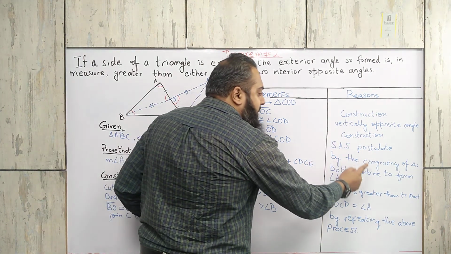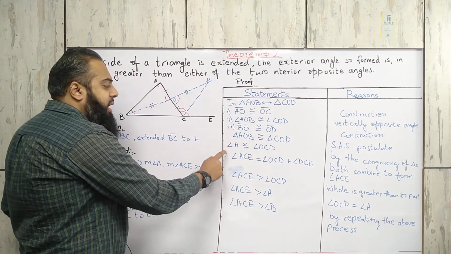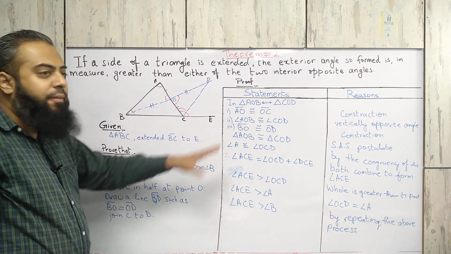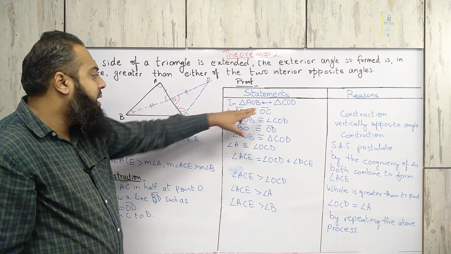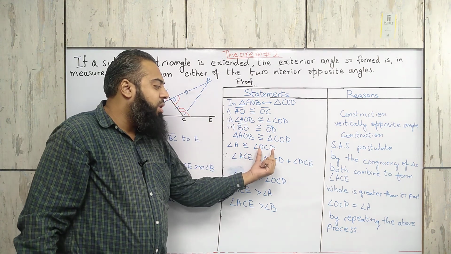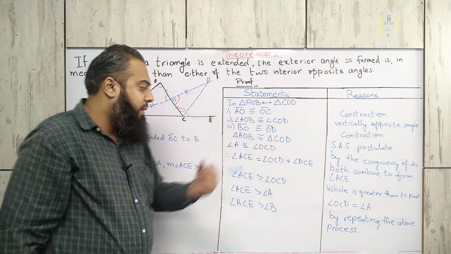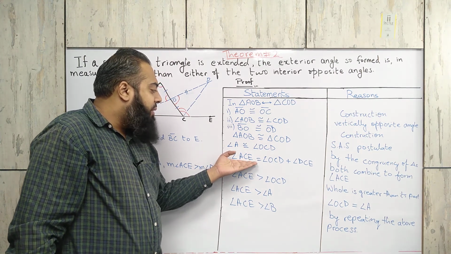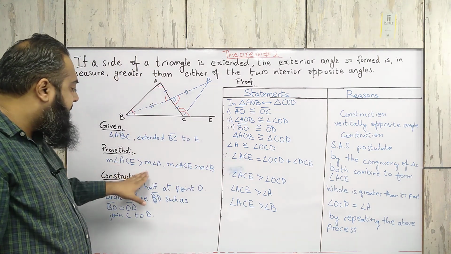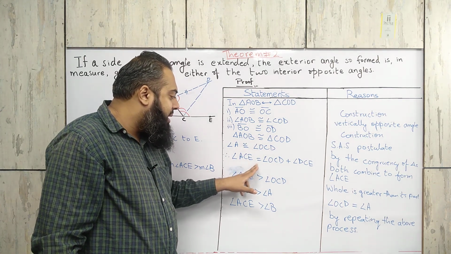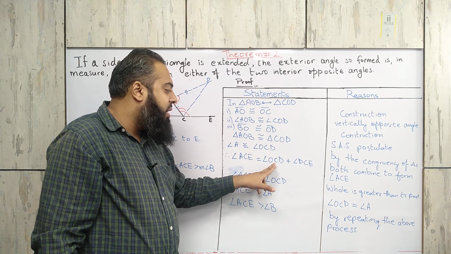Now, angle A is congruent to angle OCD. By the congruency of triangles, we can say that if the triangles are congruent, their respective angles will also be congruent. In triangle AOB it is angle A, in triangle COD it is angle OCD. And now we can see what we have to prove. We have to prove angle ACE is greater than measure of angle A. So angle ACE is greater than angle OCD.